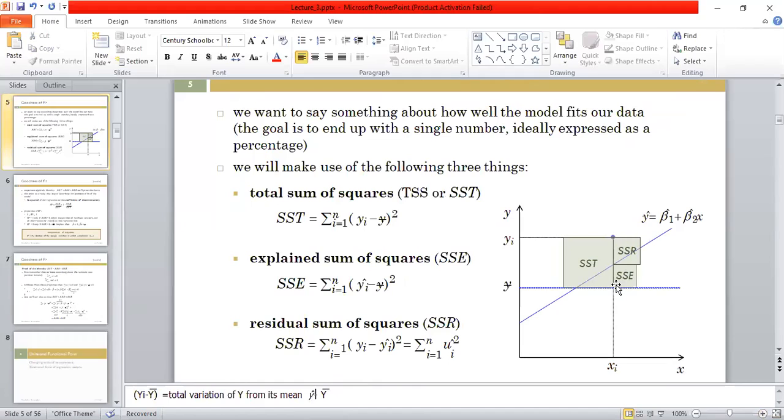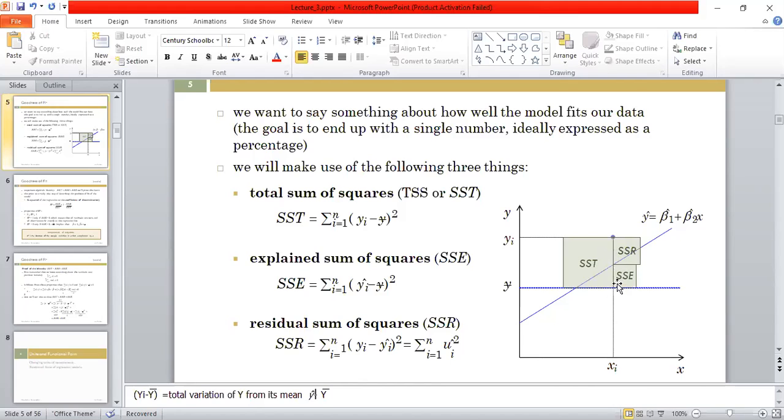So the variation of y, meaning the difference between the actual y and the mean of y, is this whole distance, y minus y bar. Now our regression line, the estimated line, is halfway through here.